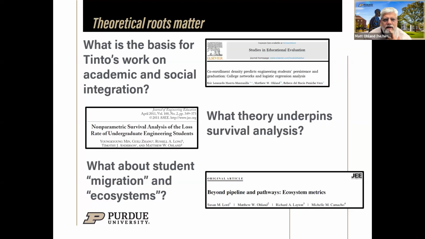Hold on. Okay, so the top piece of work there is based on Tinto's work on academic social integration, specifically because we were looking at a particular measure of academic integration, which is when students appear to register in classes together at a rate higher than would be predicted by random chance. We actually had one institution, it turns out to be Purdue, where a computer assigned students to classes based on just what they wanted to enroll in for multiple years.